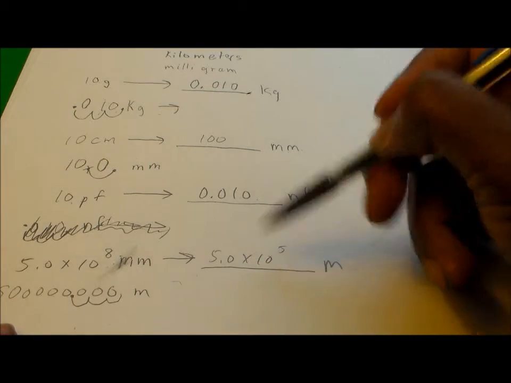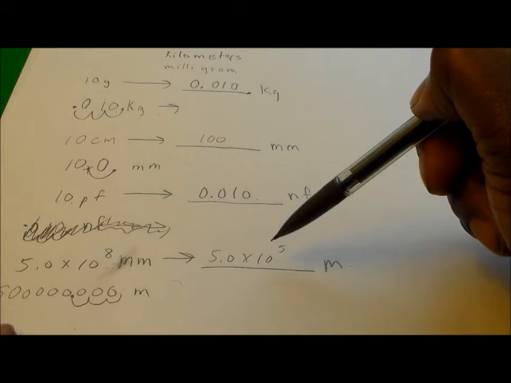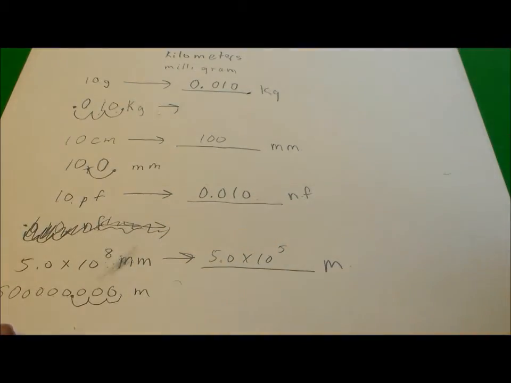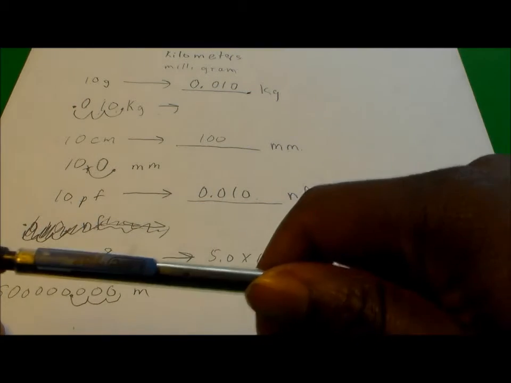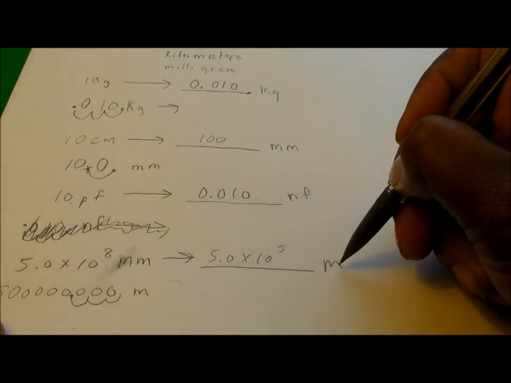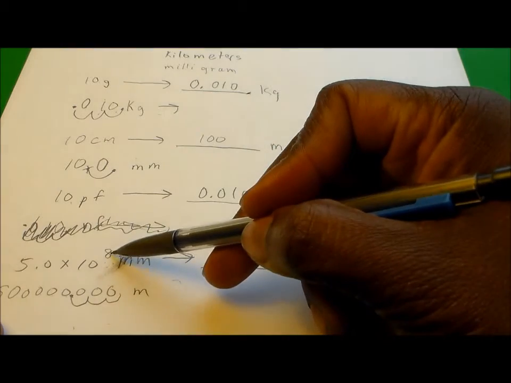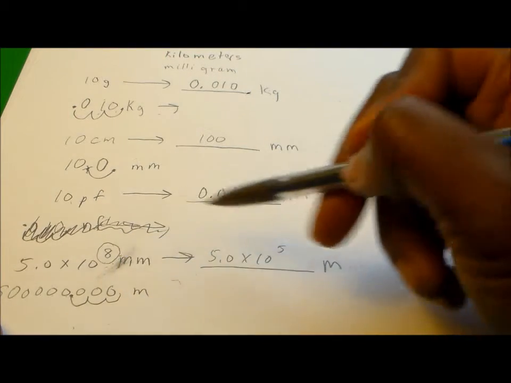So what that says is that if we're asked to move from a unit on the right to one on the left, moving towards our left, I can subtract the number of jumps I need to make from the actual power itself.